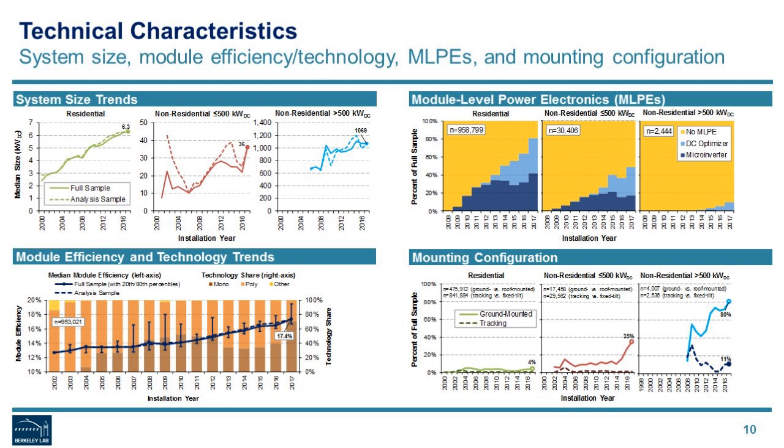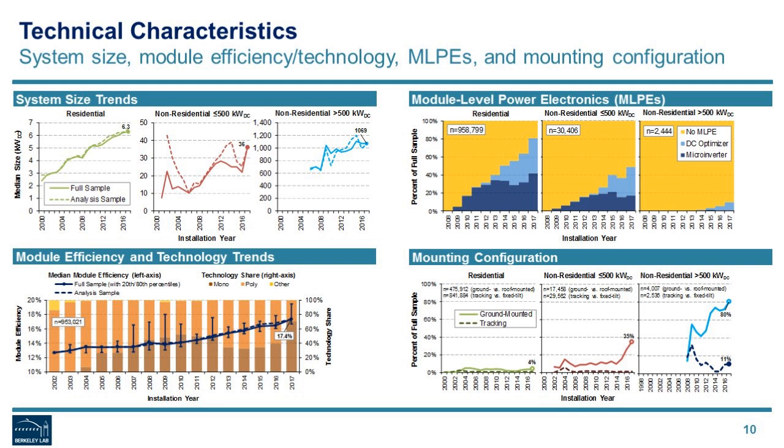On the upper right, we show the growth of module-level power electronics, which includes both microinverters and DC optimizers. I'd simply note here that these technologies have basically taken over the residential market, with most of the growth over the past few years coming from DC optimizers. Adoption is lower, but still pretty significant among small non-residential systems, but is largely non-existent among the class of larger non-residential systems.